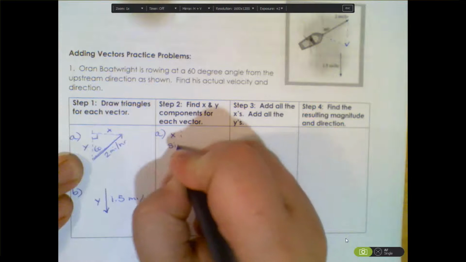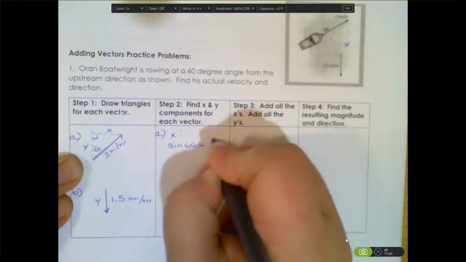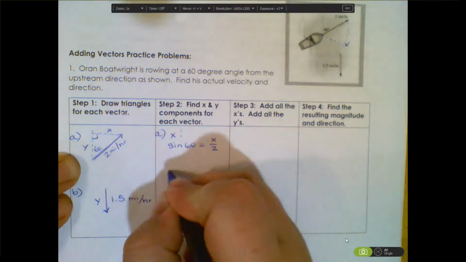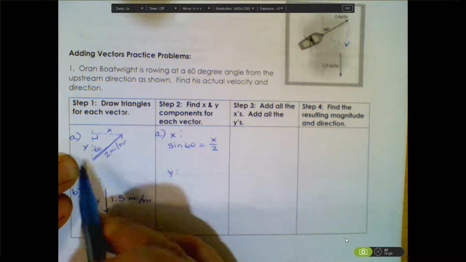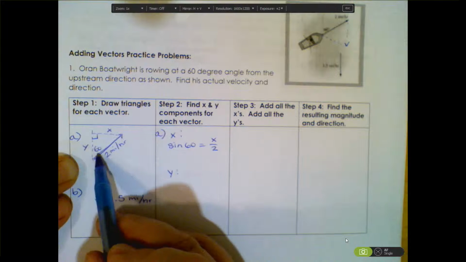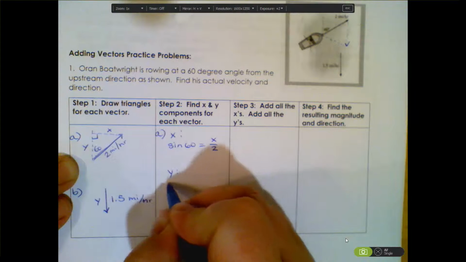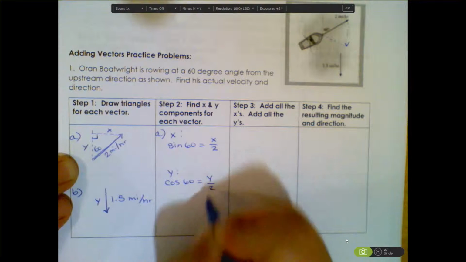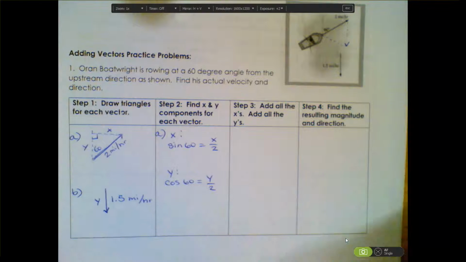So sine of 60 equals x over 2. And to find the y, I can take the cosine of 60 is y over 2. Cosine of 60 equals y divided by 2.